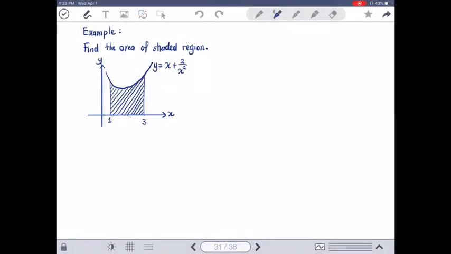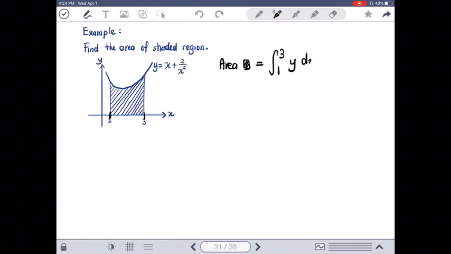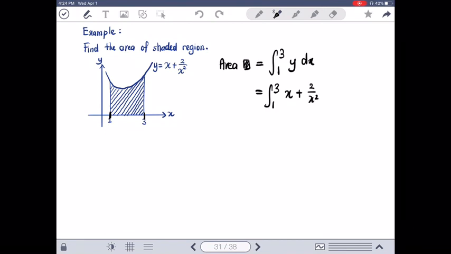Okay, let's try one more example. We want to find the area of the shaded region. It's just equal to the integration from 1 until 3 of the function y with respect to x, which is the integration from 1 until 3 of x plus 2 over x squared with respect to x.